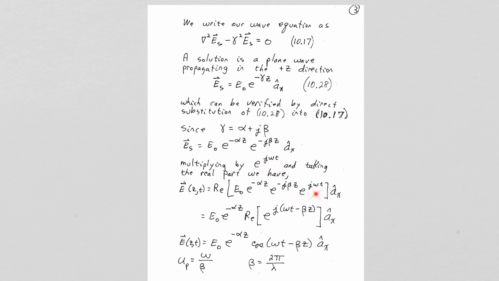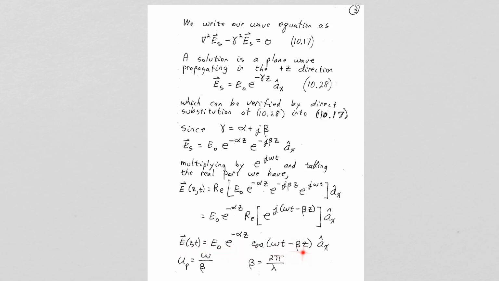So here we have the solution to our Maxwell's equations in lossy material, and we see it looks very much like the solution we had in the lossless case, except for this additional term which describes the attenuation of the wave as it propagates. The velocity with which the wave is moving is still omega over beta, and beta is still our wave number.